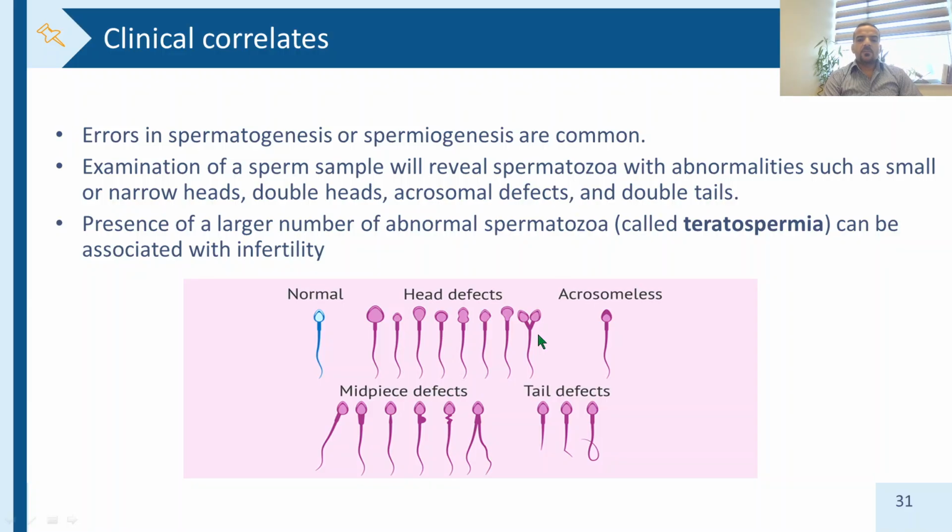Sometimes we have spermatozoa with double head. Some have a defect in the middle piece. Some have a defect in the tail. This condition we call teratospermia. So the presence of a large number of abnormal spermatozoa in the seminal fluid analysis we call teratospermia, and this condition could cause infertility in males.